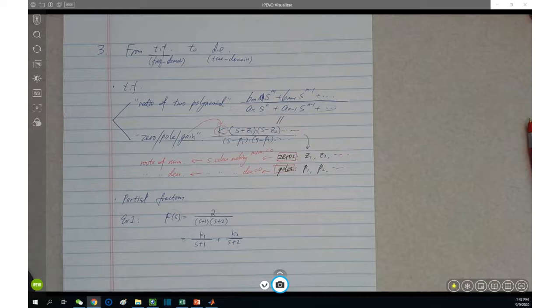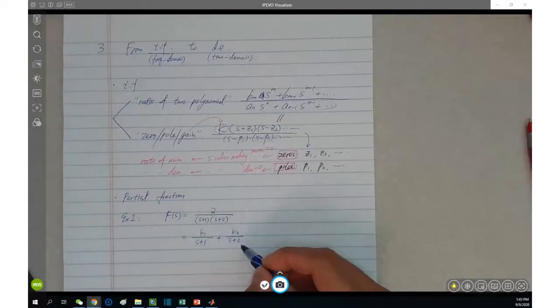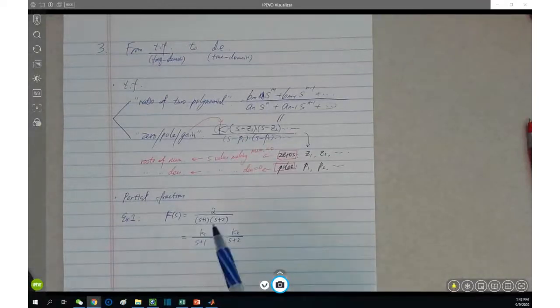The first fraction has constant gain of k1, the second has constant gain of k2 in the numerator. The denominators are respectively s plus 1 and s plus 2, according to the given product here.